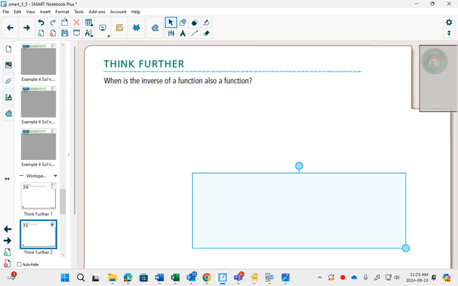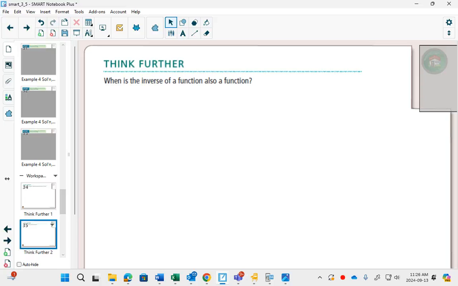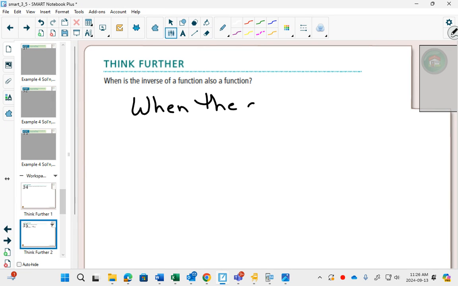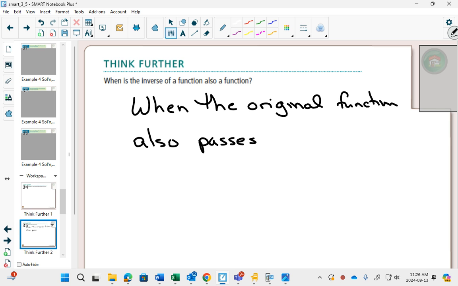At the bottom of page 239, they have this question, and they ask, when is the inverse of a function also a function? You have a horizontal line test.